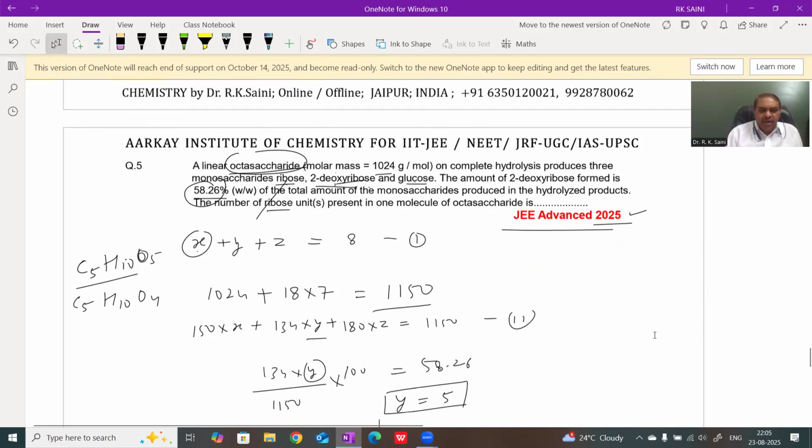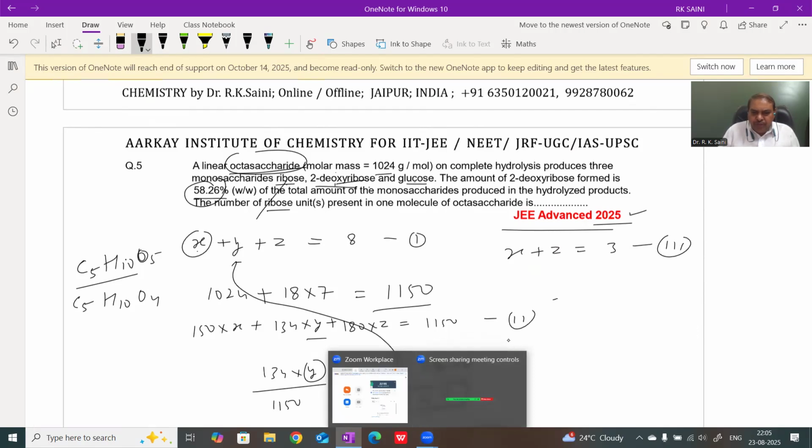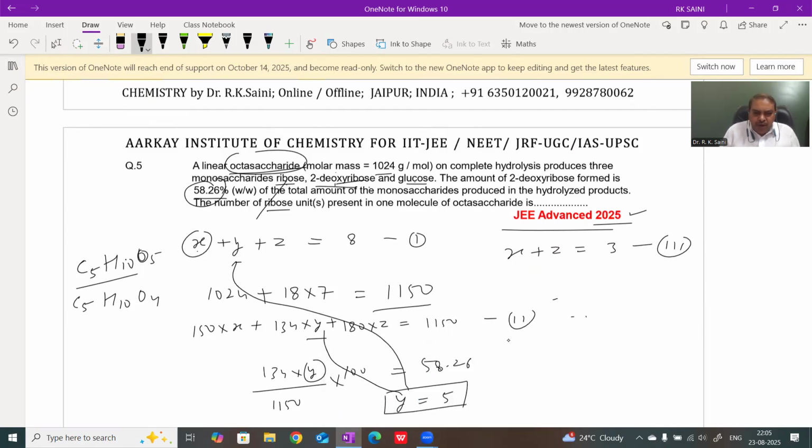Now putting the value of Y in equation first, X plus Z equals 3, equation number 3. And putting the value of Y in equation second, on solving, 150 X plus 180 Z equals 480.